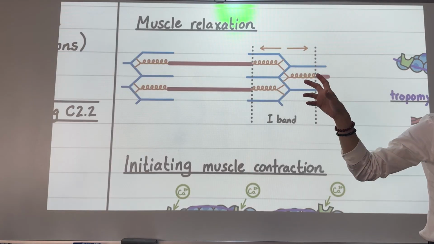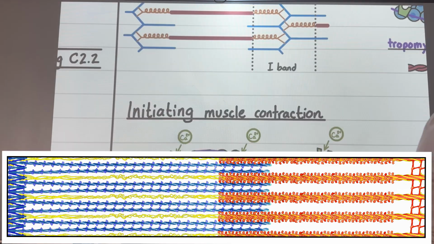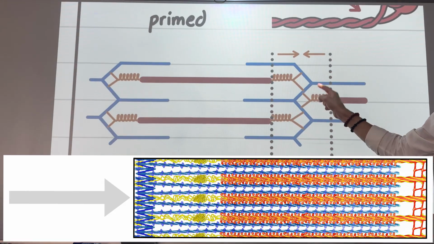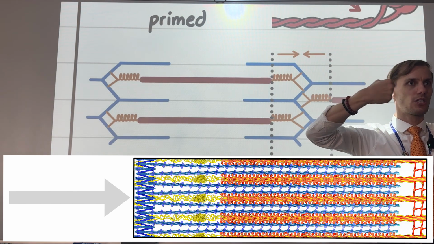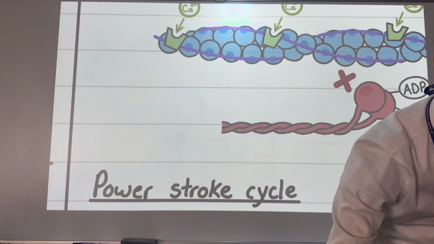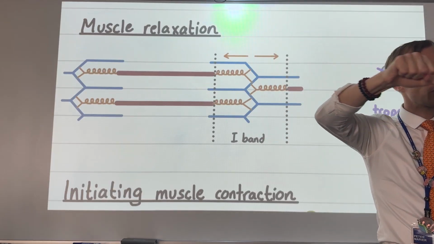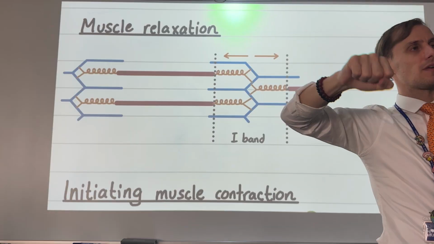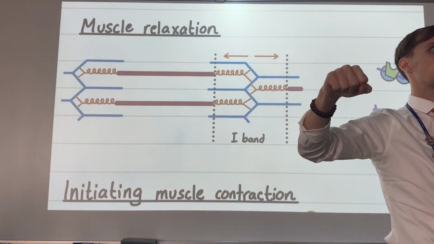Well, take a look at the relative appearance of titin when the muscle is relaxed and when the muscle is contracted. When the muscle is contracted, titin is actually compressed together. And when the muscle is relaxed, it is stretched. If I stretch something, then I'm actually increasing elastic potential energy.